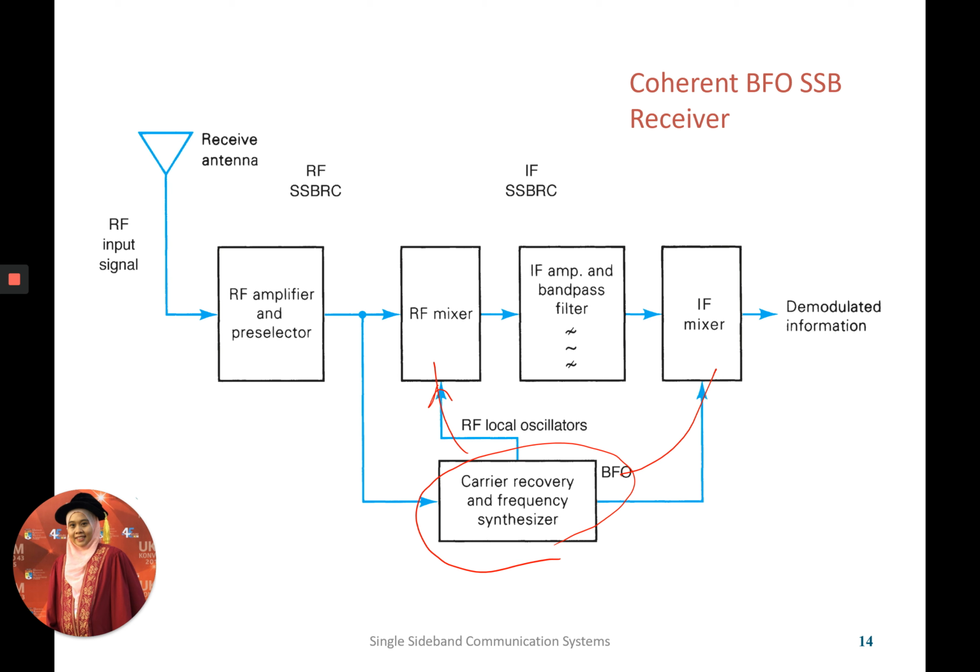I also don't want to explain it in so much detail, because we have learned about reception in chapter 5. It's just that the components inside the block diagram for single sideband and double sideband are a little bit different, but still use the same stages that a receiver needs to have.